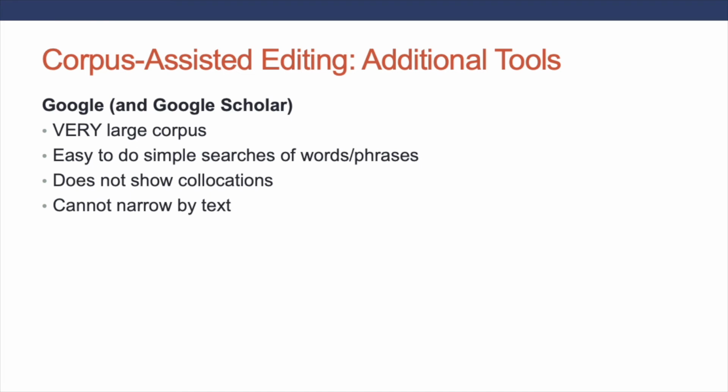Now, I did say that a corpus is essentially just a very large collection of texts, which would mean that the internet itself really is a corpus. So you can use a search engine like Google to search for certain terms or phrases. We really recommend that if you're going to use Google, you try to rely on Google Scholar, since that will limit your searches to academic writing.